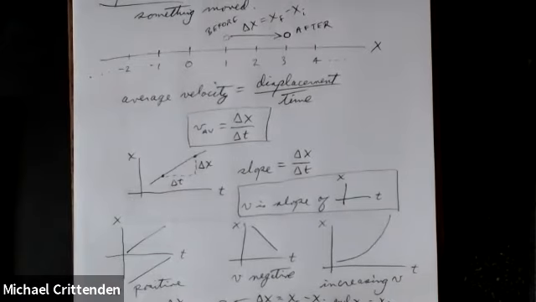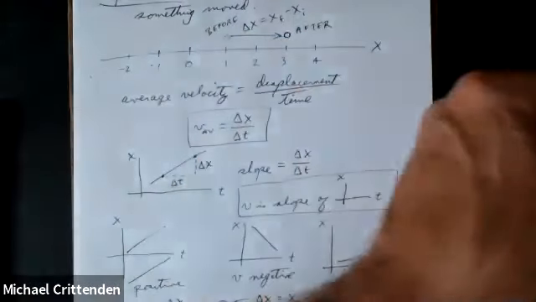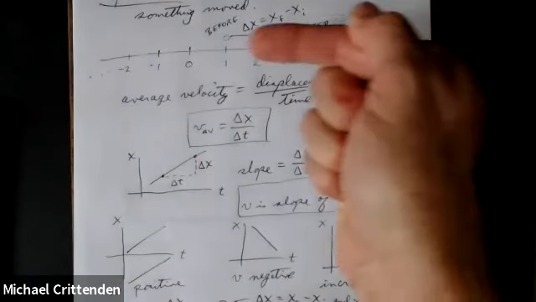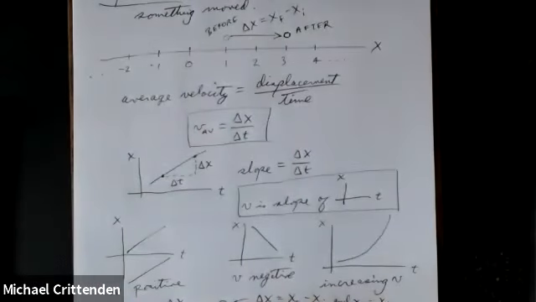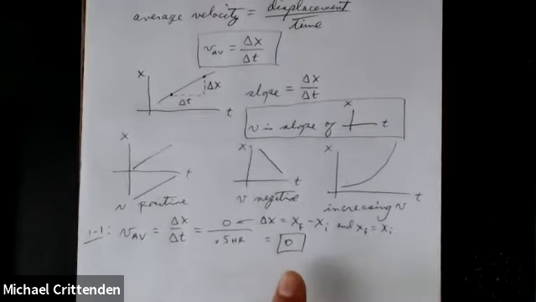You include its direction by whether it's positive or negative. So when the bus was heading out from the school, it had a positive velocity. During the second half of the trip, it had a negative velocity. And when you take all of those positive and negative numbers and add them up to do the average, the pluses and minuses cancel each other out. And that's how the average comes out 0, okay?